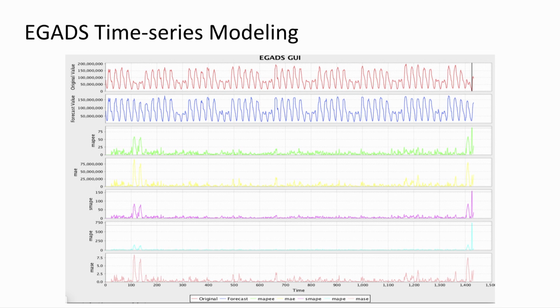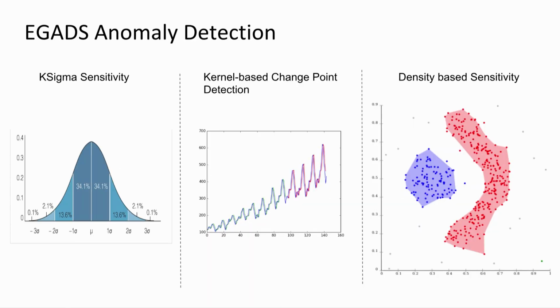Then we compute the residuals from both time series and plot all the residuals here. We have almost 5 residual errors, and we use these errors to do the anomaly detection.